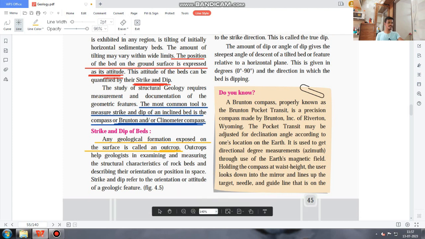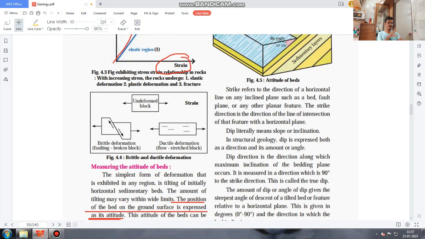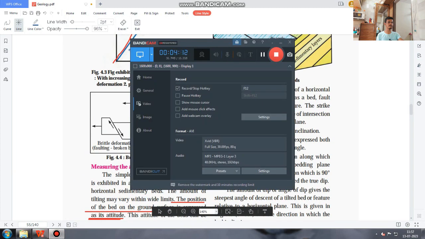So what is strike and dip? Basically, strike and dip refer to the orientation or attitude of a geological feature. Orientation, basically where it is oriented as per the geological strata of the particular bed.